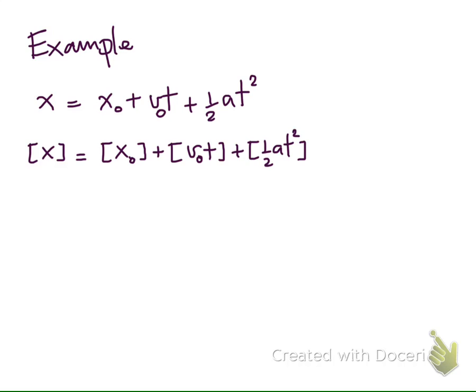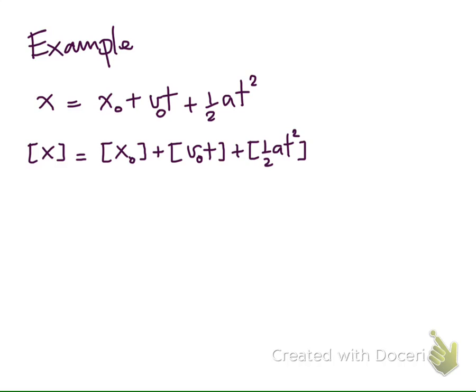You can see that we do the addition on the right, so all terms must have the same dimension. It means that x0, v0 t, and half of a t squared must have the same dimension. So let's see.